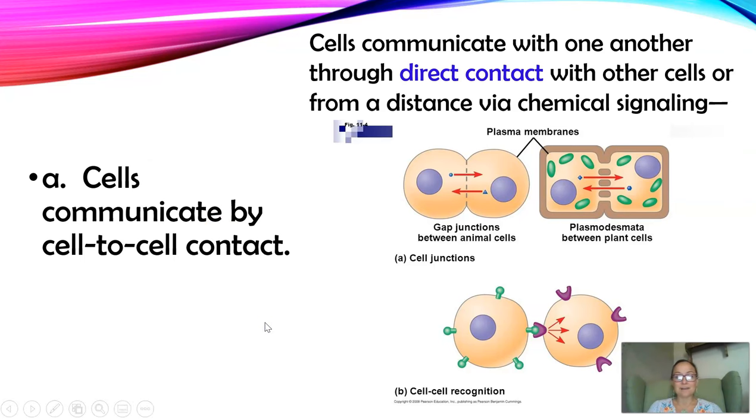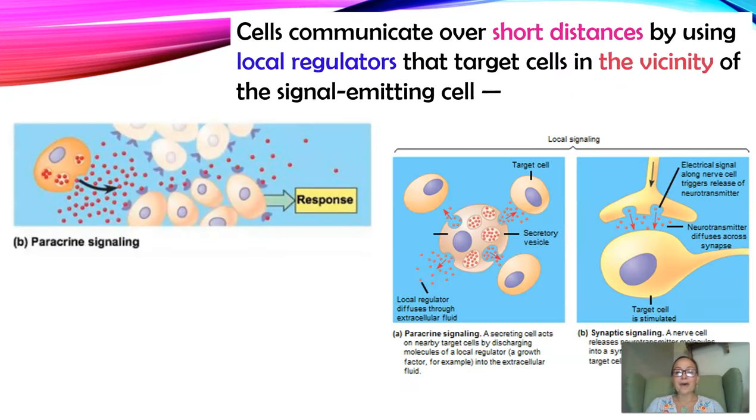So that's cell-to-cell contact. But cells can also communicate through short distances, which would be making use of local regulators. Other examples of short distance local regulators would be found in the immune system. So helper T cells release cytokines that can activate both B cells and T cells.